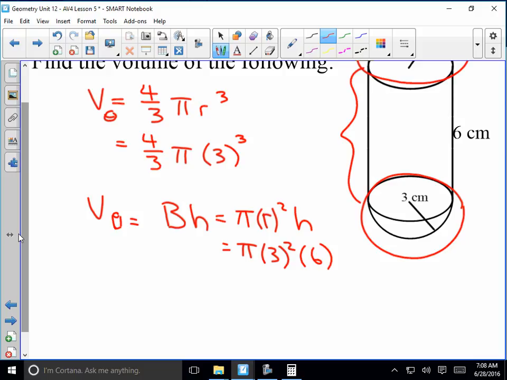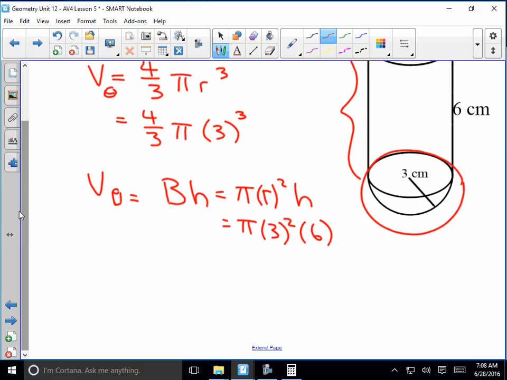And we would combine the two volumes by adding. We wouldn't multiply the two volumes together. So our first volume, we've got 3 cubed, which is 27. 27 divided by 3, which is 9. 9 times 4 is 36 pi. So that would be our two hemispheres put together for their volume.